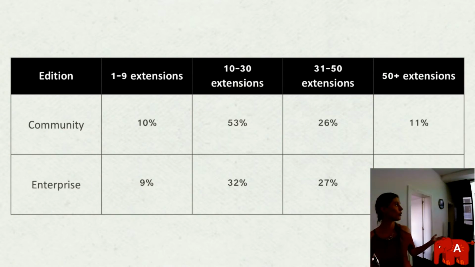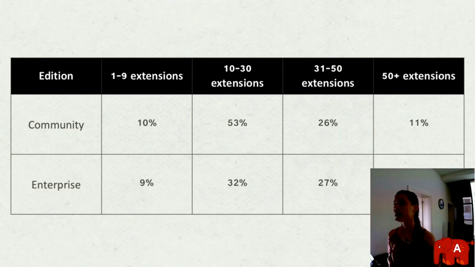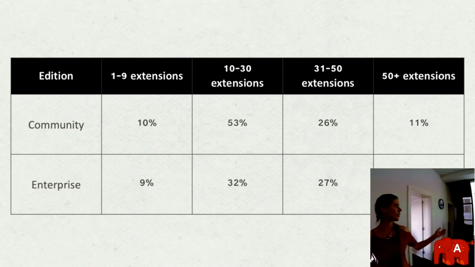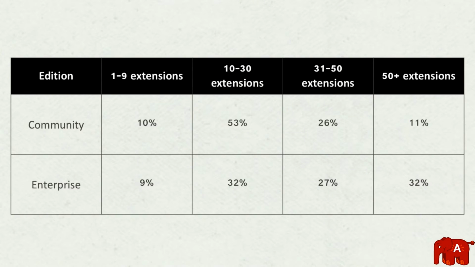And as you can see, over 90% have more than 10 extensions installed on their instance. For the enterprise, because enterprise also uses external modules, over 50% even has more than 30 extensions installed. So module making is a big deal.